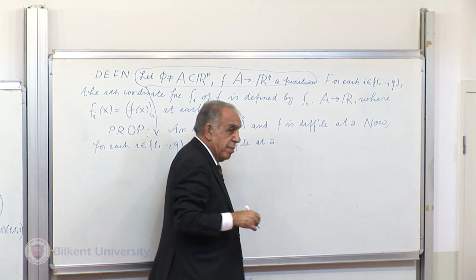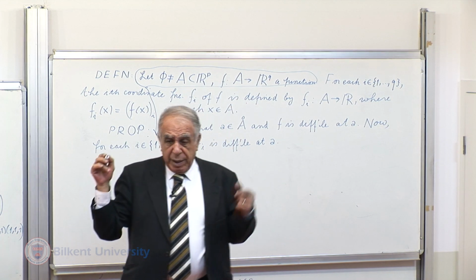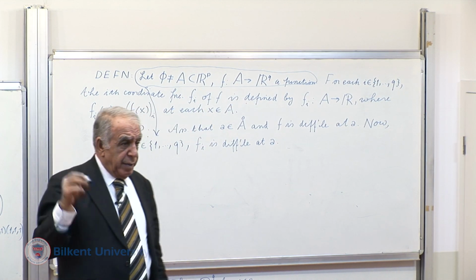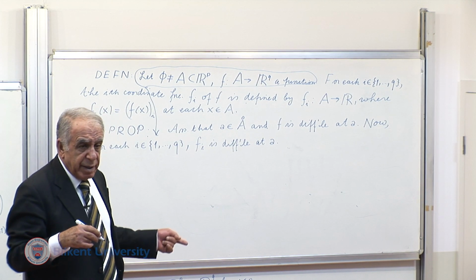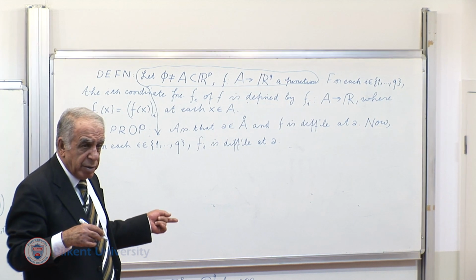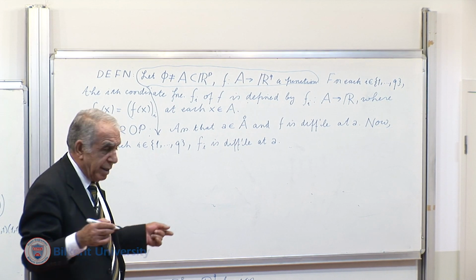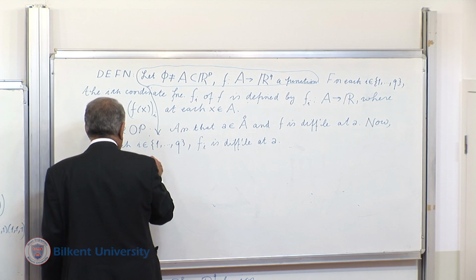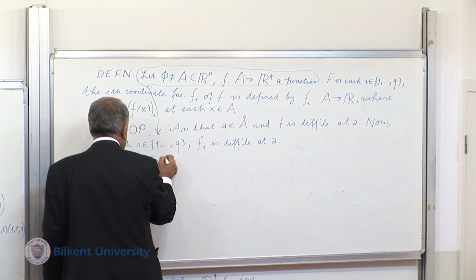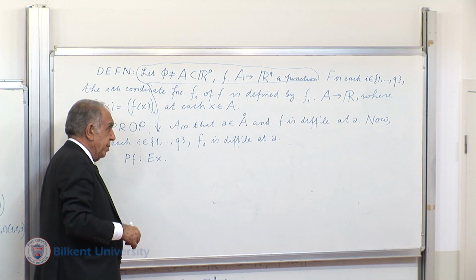Well, this means, in particular, bringing this together with our preceding corollary, all the partial derivatives of f_i with respect to all the variables, they all exist. Now, the proof of this is a good exercise. I'll leave that to you.